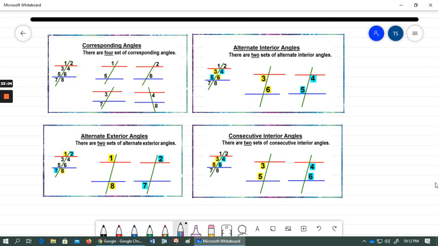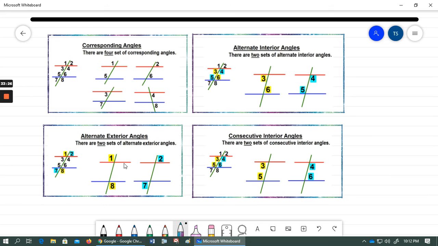But again, folks, I can't emphasize enough how important it is for you to be able to recognize these things when you're looking at them. Because it's going to be beyond hard for you to do these problems if you can't even identify the basics of what type of angle pair this is.